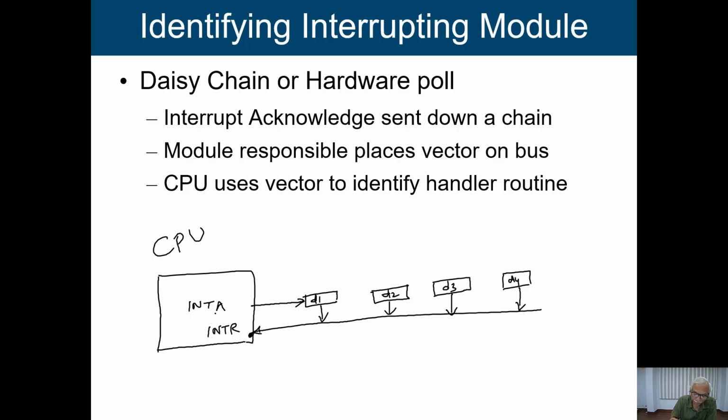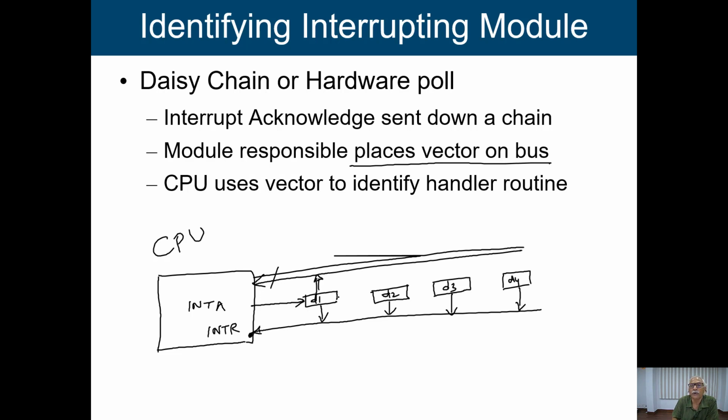The interrupt acknowledgement will first go to device 1. If device 1 has raised the interrupt, then it will place the vector on the bus, maybe on the address bus. This vector is going to identify that particular device.